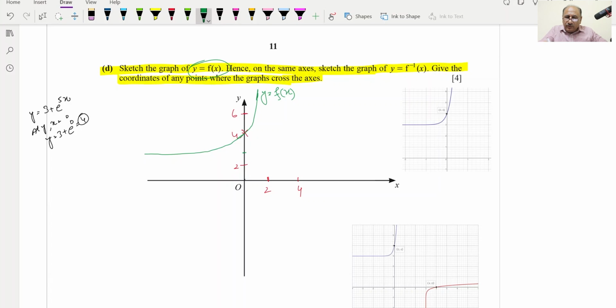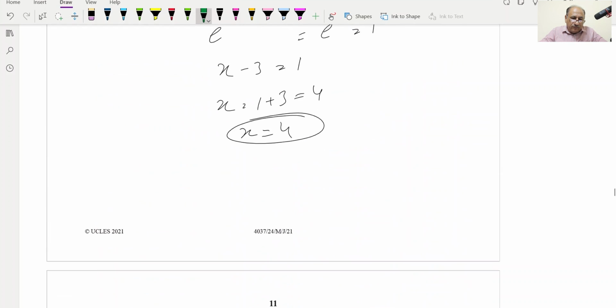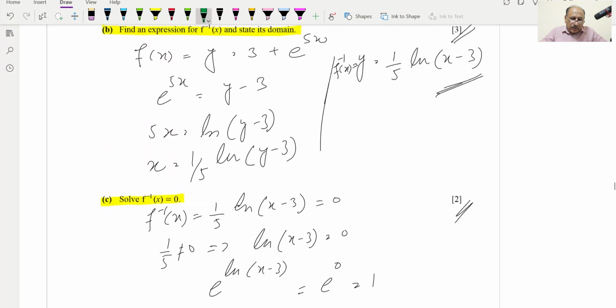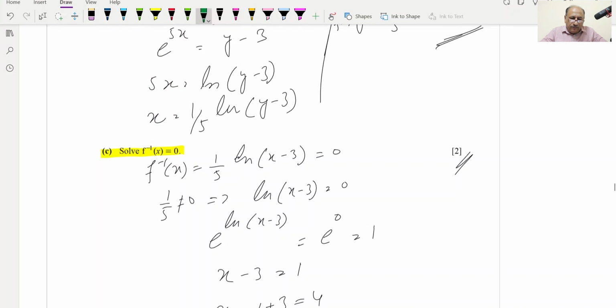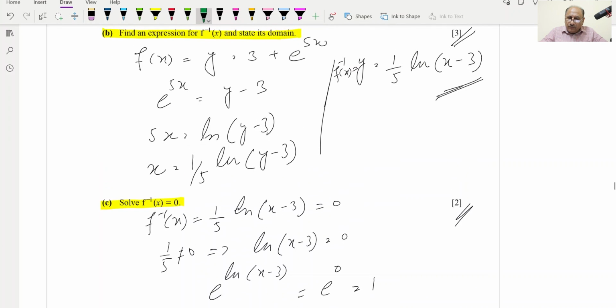If we draw y is equal to f inverse of x, what will f inverse of x be? We have taken it over here, which is x is equal to 1 by 5 log of y minus 3.